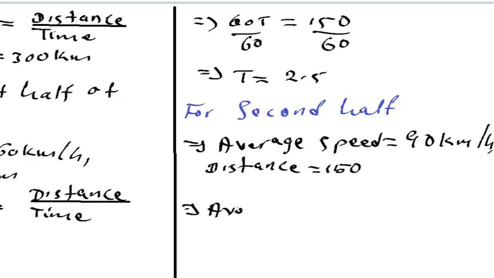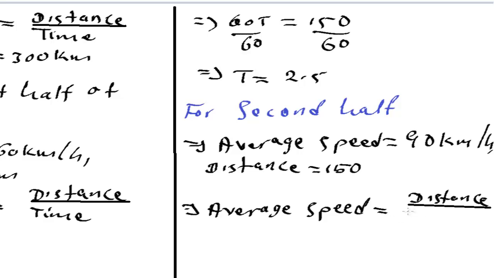Average speed, using the same formula. So we are saying average speed is equal to distance over time.